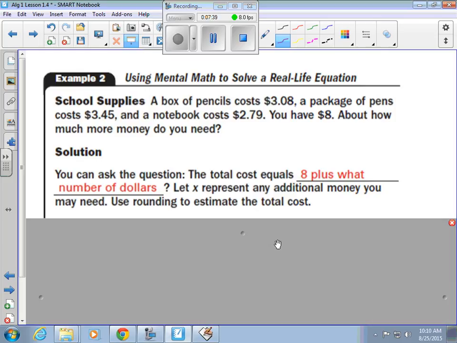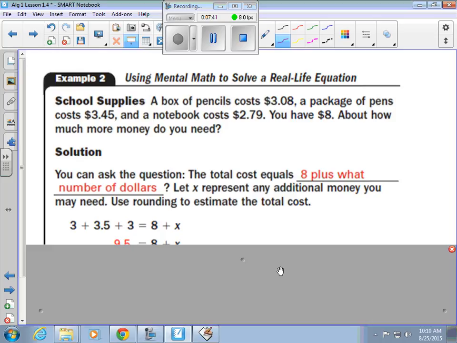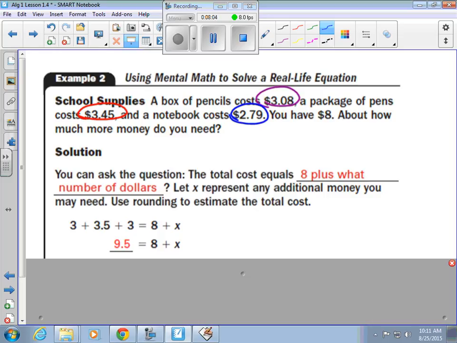Use rounding to estimate the total cost. $3.08 for the pencils, approximately $3. $3.45 for the pack of pens, or 3.5. And the notebook, they rounded $2.79 to the number 3. So 3 plus 3.5 plus 3. When you put all of those together, you get 9.5.